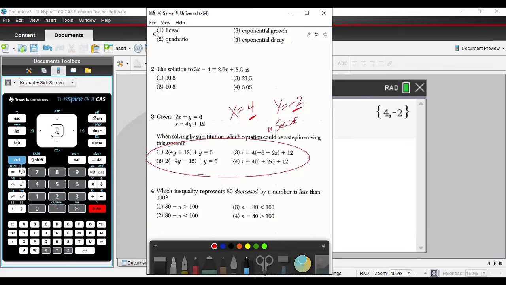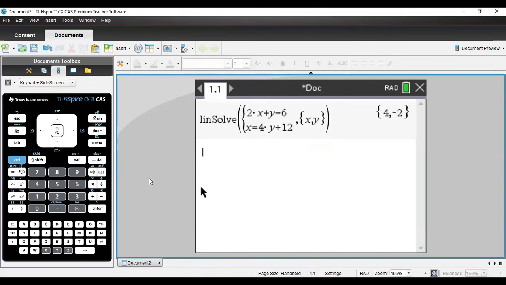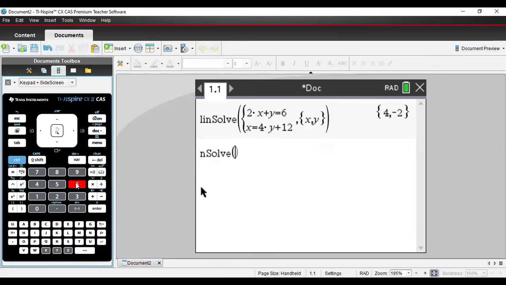So let me show you what you should do from here. I'm going to type in the first choice. So I'm going to go menu 36. That's the nSolve. And then I'm just going to type in 2 parentheses 4y plus 12, and then close the parentheses, plus y equals 6.